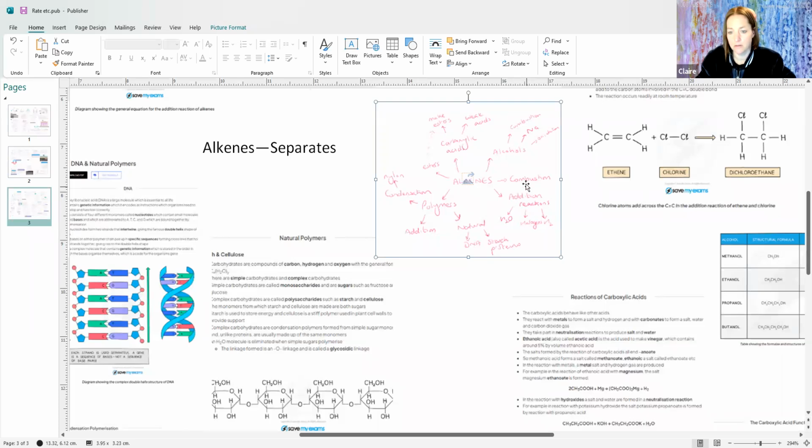So we're going to look at, again, combustion of them, addition reactions. So you add different things to them and what happens when you add different things to them, like water, halogens, and hydrogen.